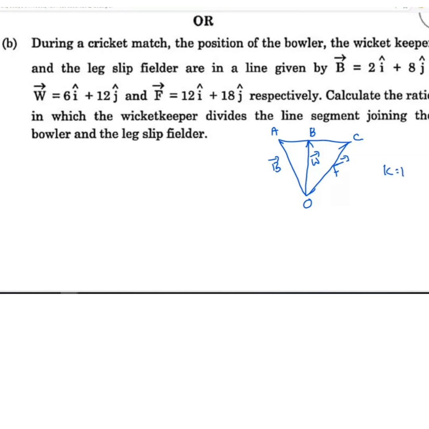If I calculate the ratio in which the wicket keeper divides the line segment joining the bowler and the leg slip fielder, we can keep it as K is to 1.